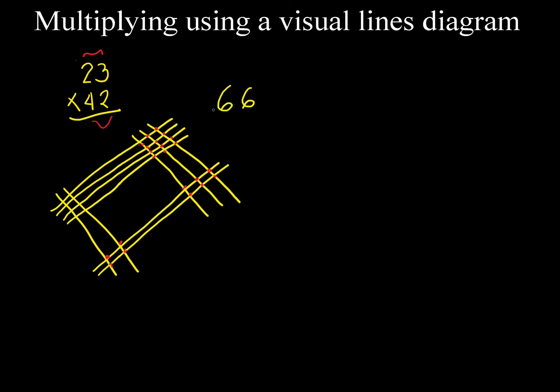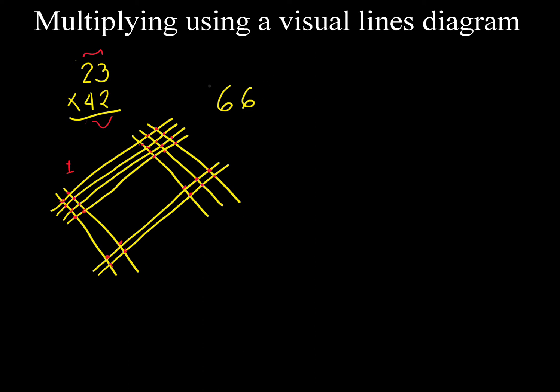Now since it's a 16, we're going to carry over our 1 on this side. Then let's continue now to count. We now have 1, 2, 3, 4, 5, 6, 7, 8, and don't forget our 1, that's about 9.